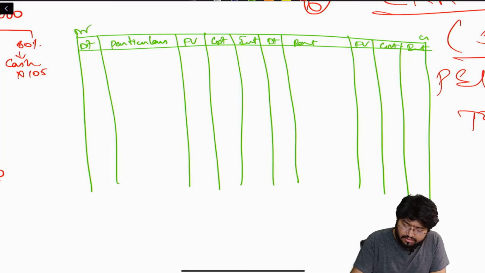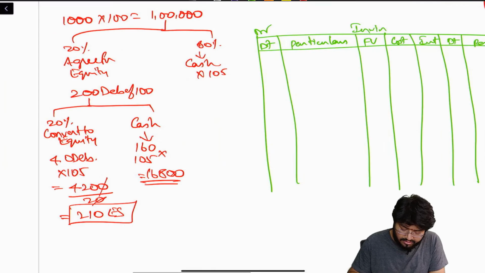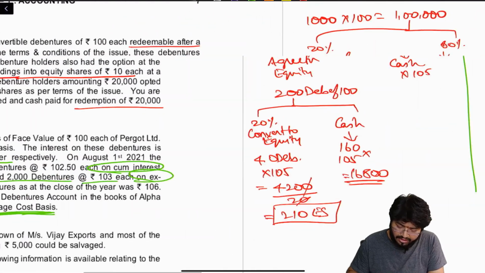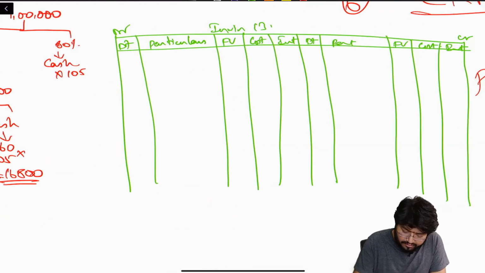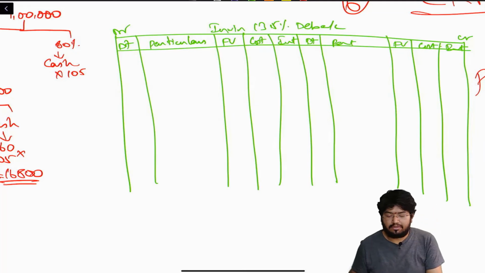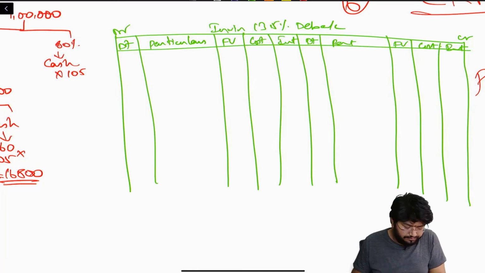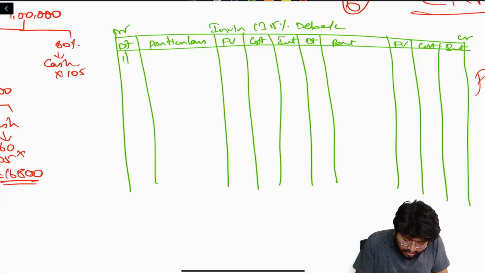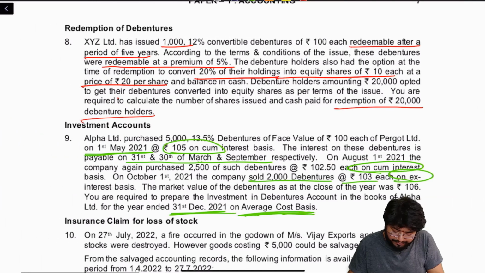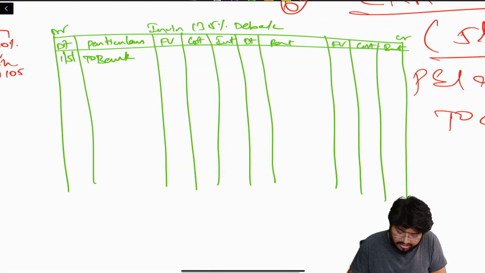Debit, credit. This is investment in what percent debentures? 13.5. Okay, let's do it. He purchased on 1st of May to bank. How many debentures did he buy? He purchased 5,000 debentures.